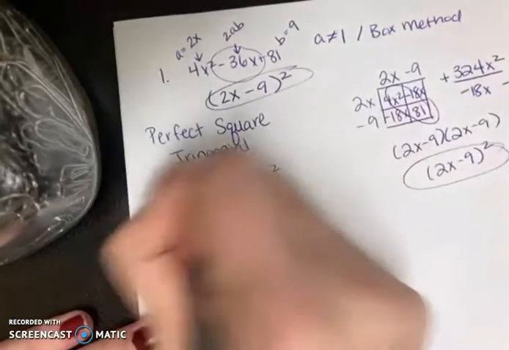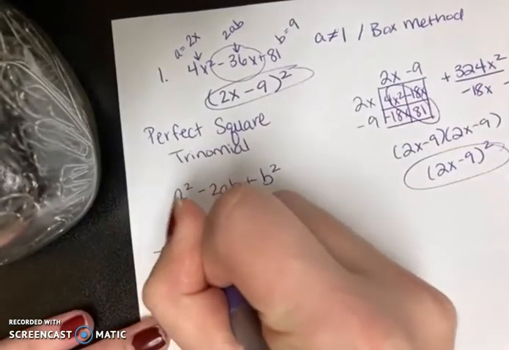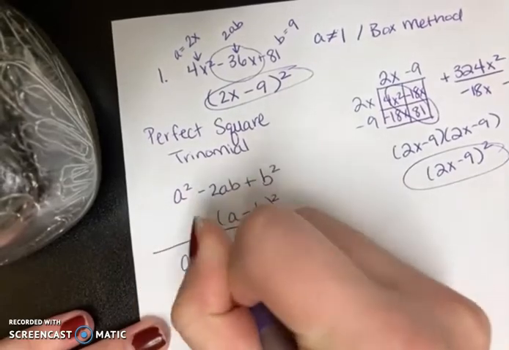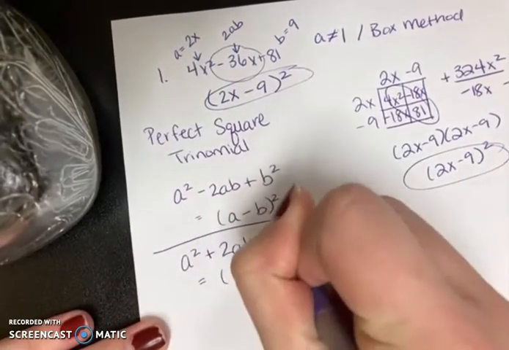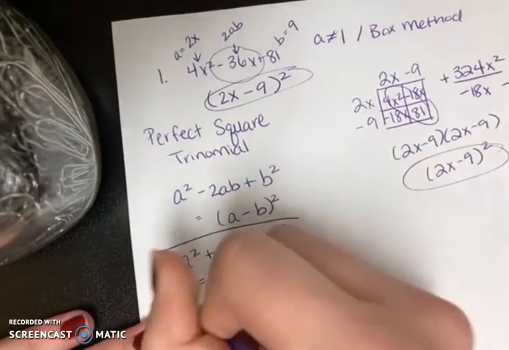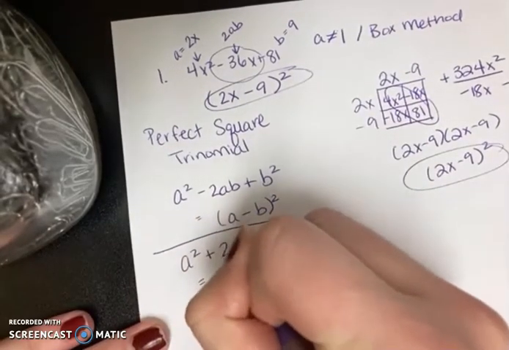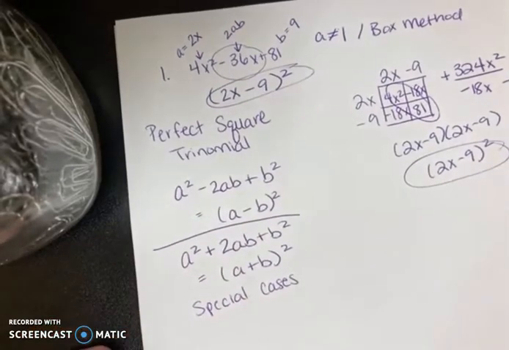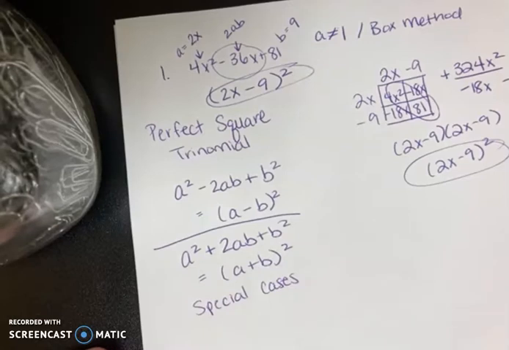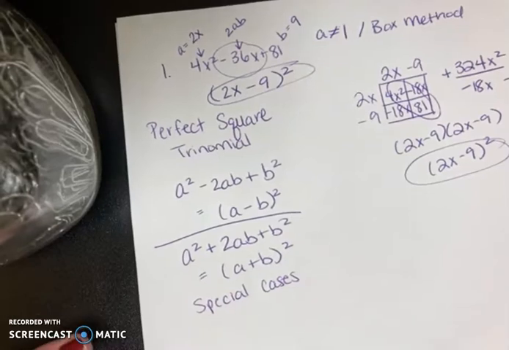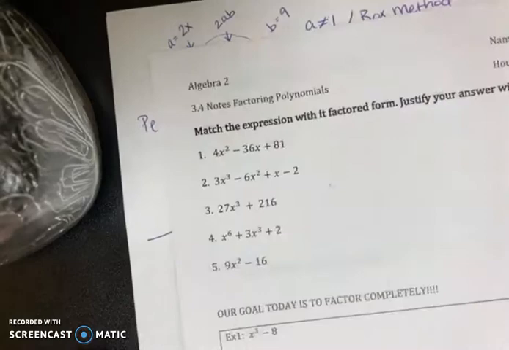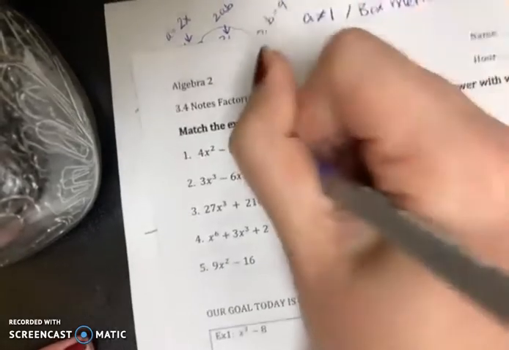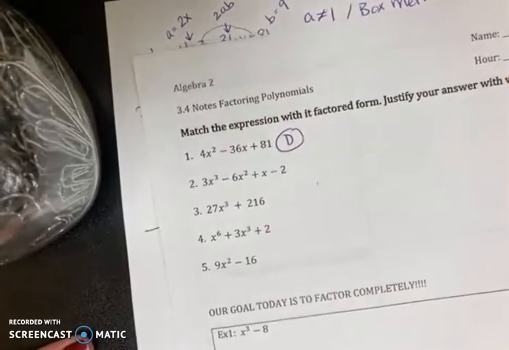It's worth mentioning that if it would have been a squared plus 2ab plus b squared, that's equivalent to a plus b being squared. This was in the special cases video that I've reposted. It also is in my YouTube channel if you go through my videos. Looking back at today's notes, it looks like D is the answer.